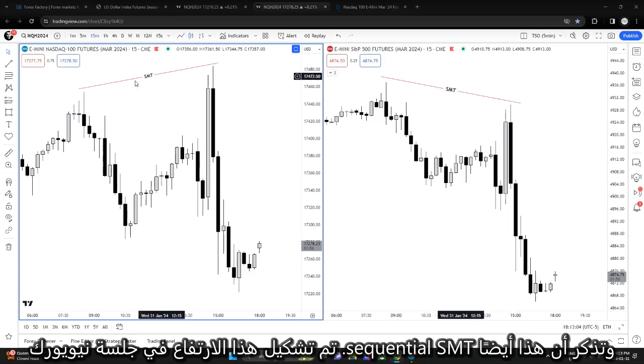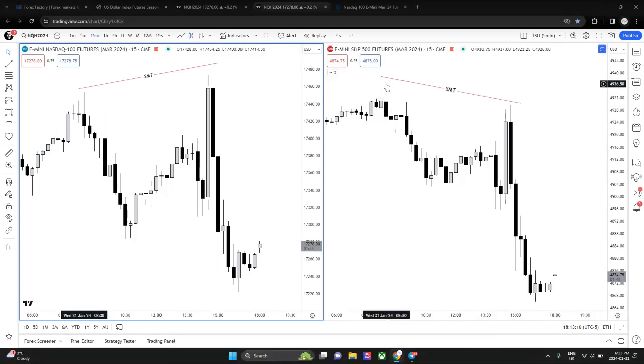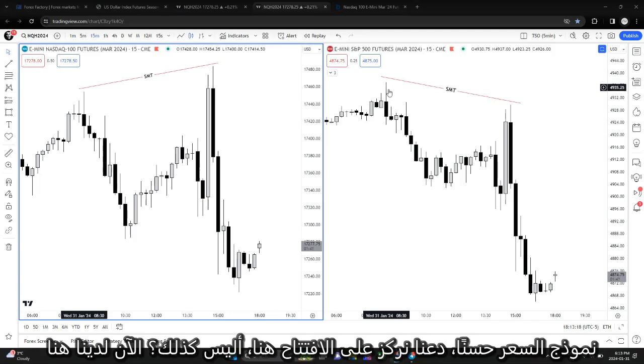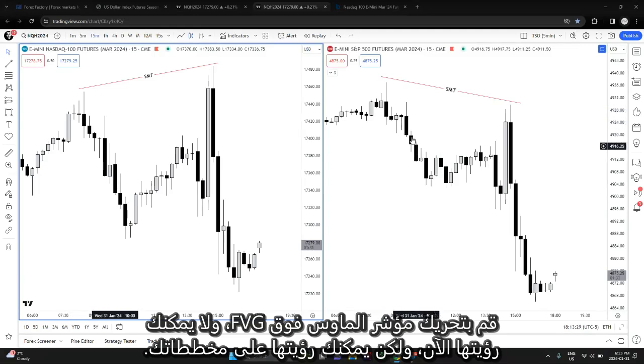And remember that this is also sequential SMT. This high was formed in New York session. And this high was formed when? In the afternoon session. The same thing happened here, right? Let's focus on the opening right here, right? And right here we had a 1 hour fair value gap. You can't see it right now, but on your charts you can see it.